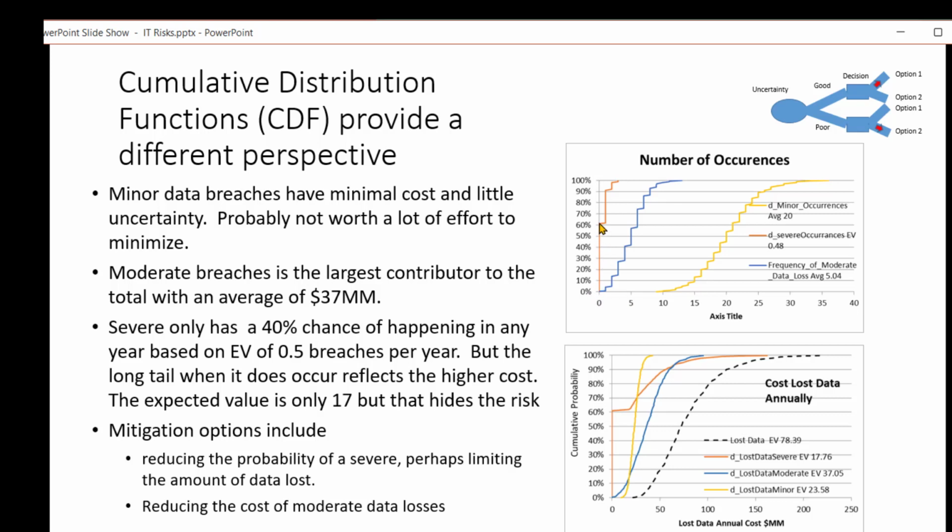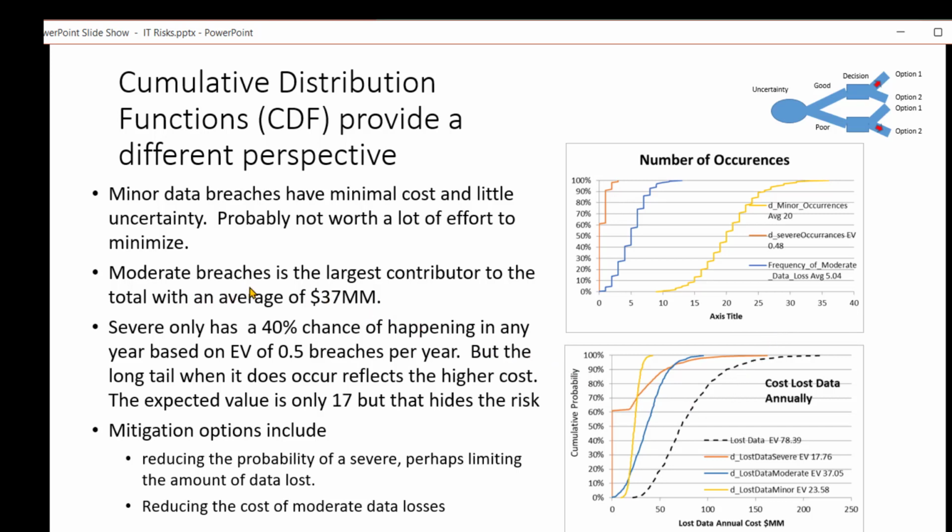There's a 60% chance that we don't have any occurrences in a particular year. Remember, it was only half of an instance per year on average. And then we have quite a few times we have 1, and then 2, 3, and 4. Or maybe this is 1, 2, and 3.